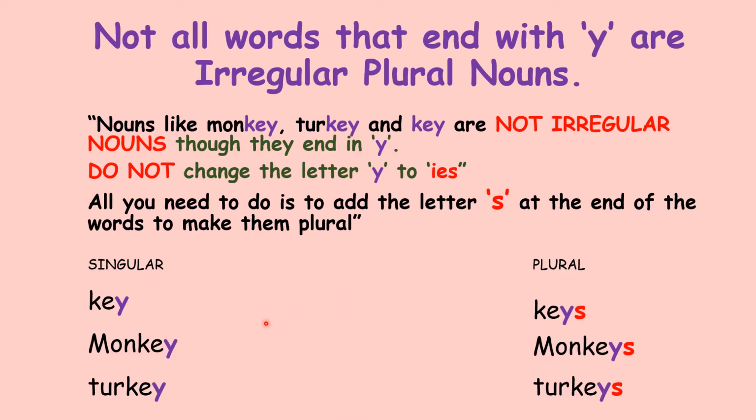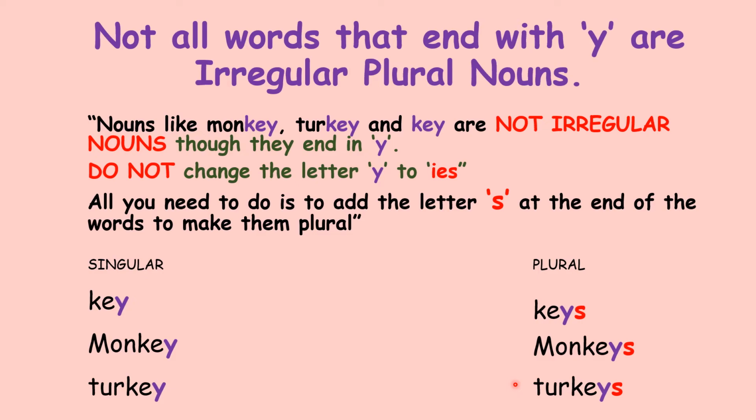The same thing goes for monkey as well as turkey. With monkey, all you need to do is to add the letter S to make it plural and it will become the word monkeys. As for the word turkey, the same rule applies, which is just to add the letter S at the end of the word and it will become turkeys.